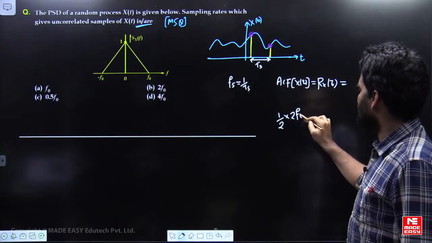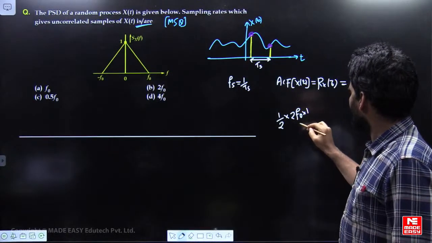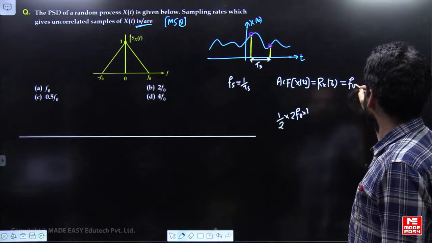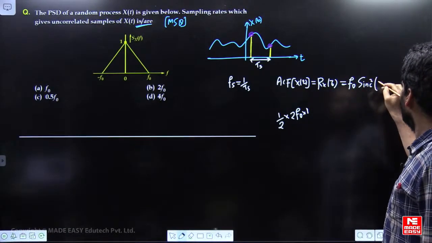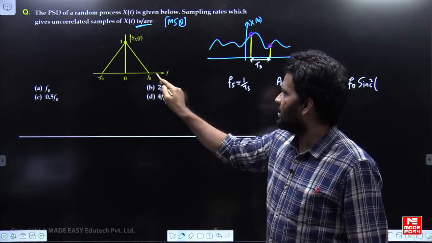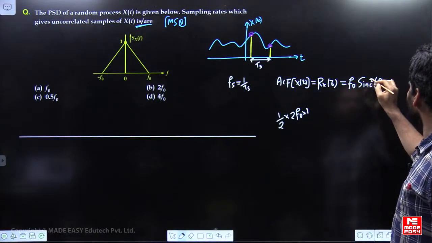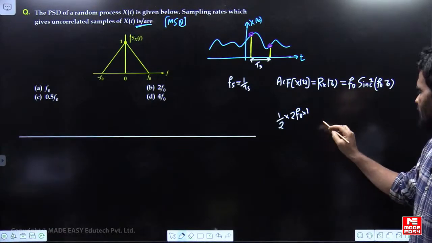Base is 2f0, height is 1, so the 2 cancels and you get f0. So area you have to write, and sinc square, and this is from minus f0 to f0. So it is f0 tau, sinc square f0 tau. I hope you know this.